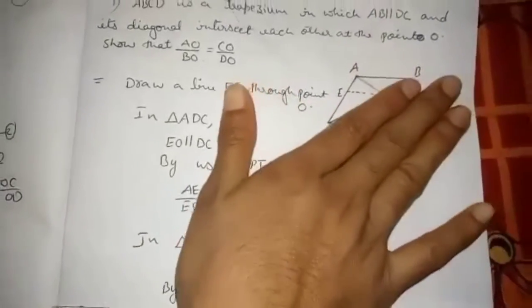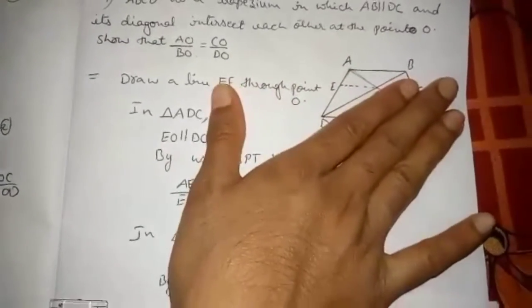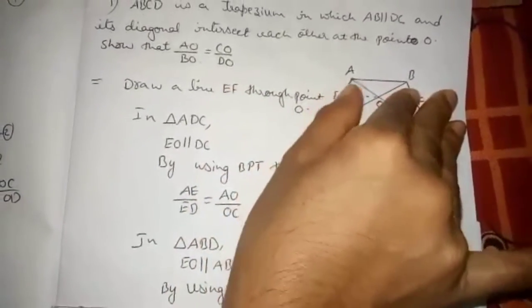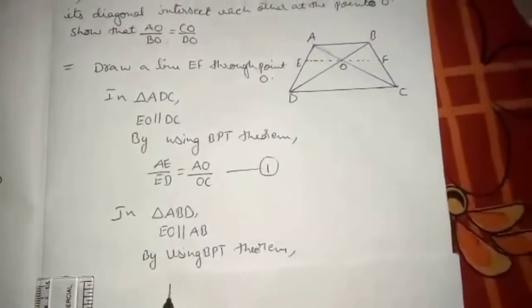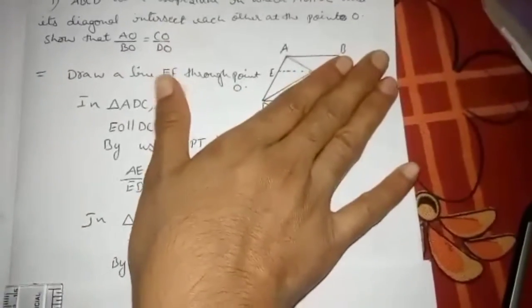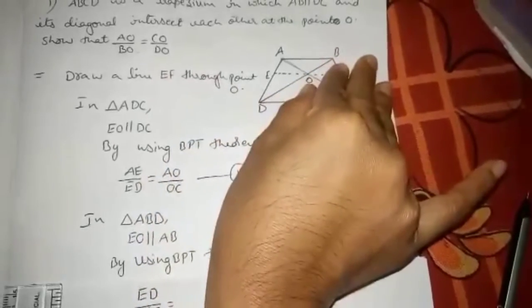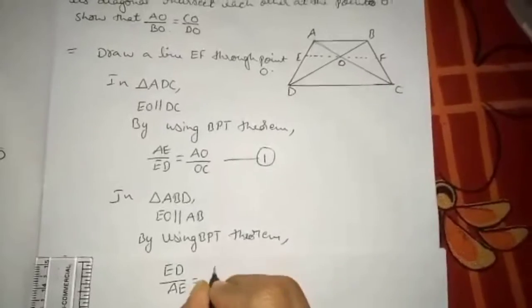So what will be the proportion of these sides? ED by AE is equal to DO by BO.